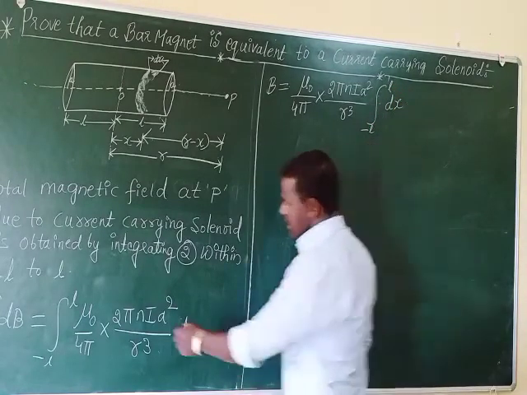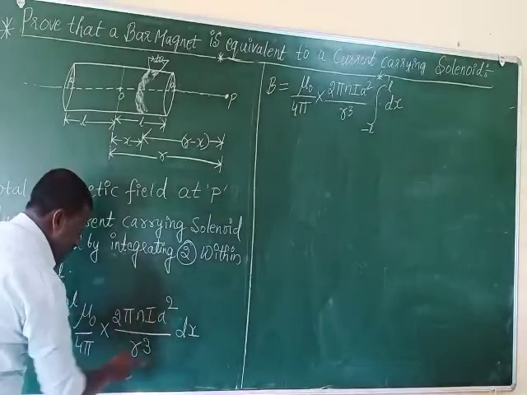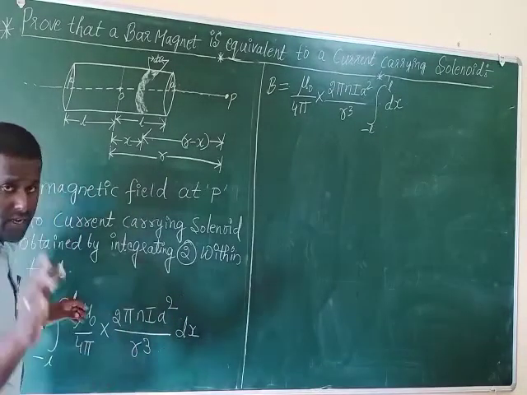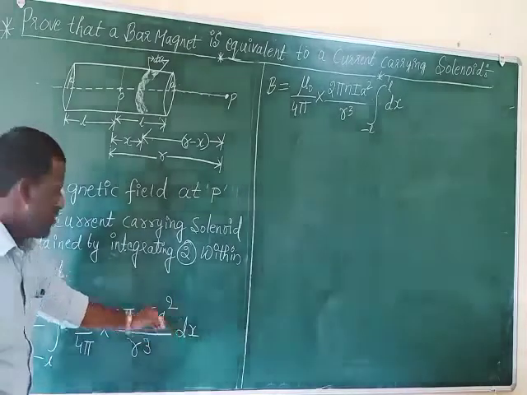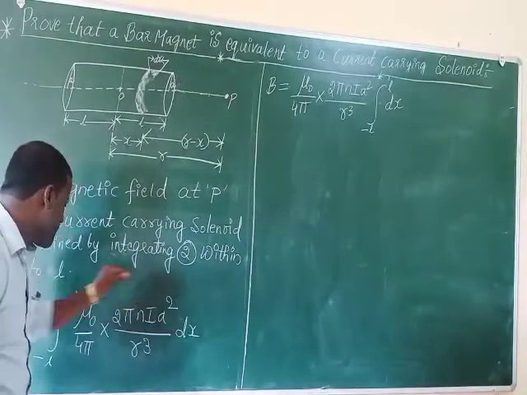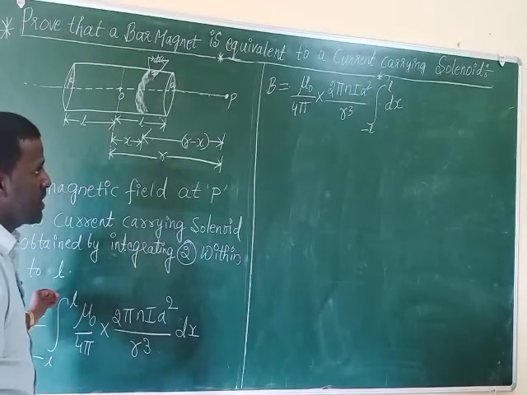See, this complete term is a constant term. You cannot integrate this term. Integration is only done for dx. So that's why I am writing all the terms outside of this integration symbol.